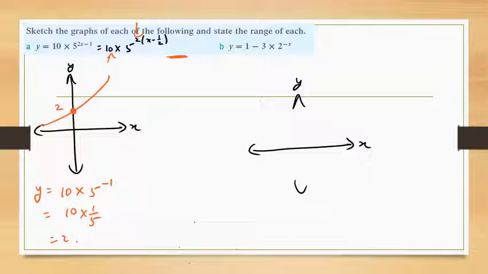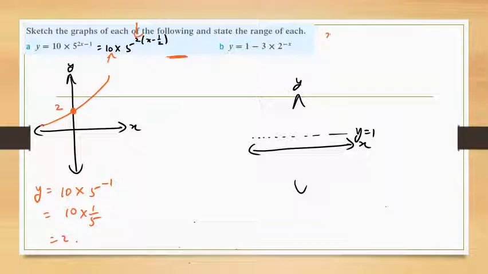So the shape will start at y equals 1, and then it will look something like this. Now, the only issue is we don't know if it's going to pass the origin. So we need to work that out first before we can draw it in.